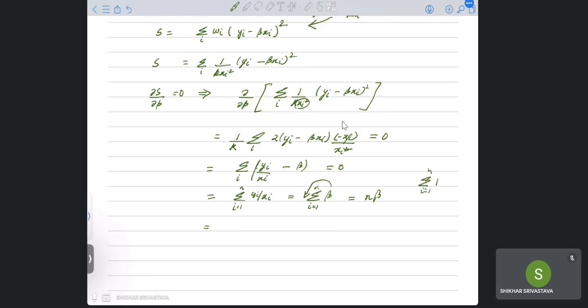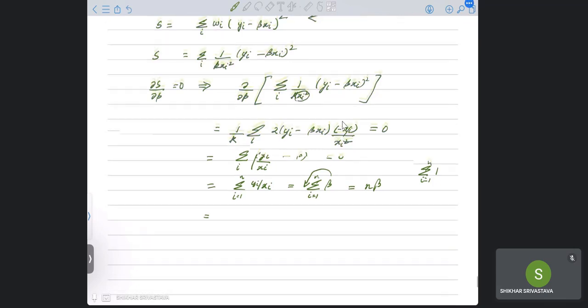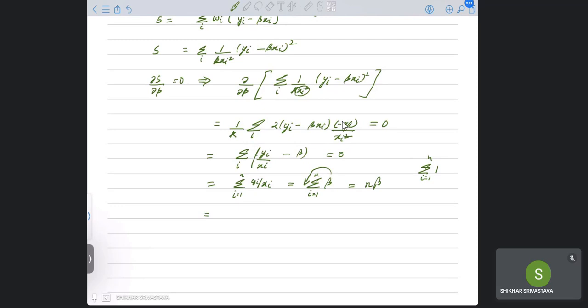You add 1 n times, so it becomes n. So finally, your beta estimate is 1 upon n times the summation of yi upon xi.